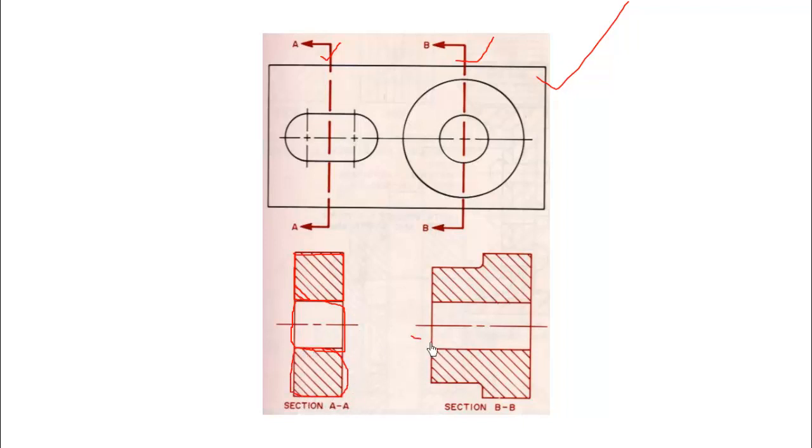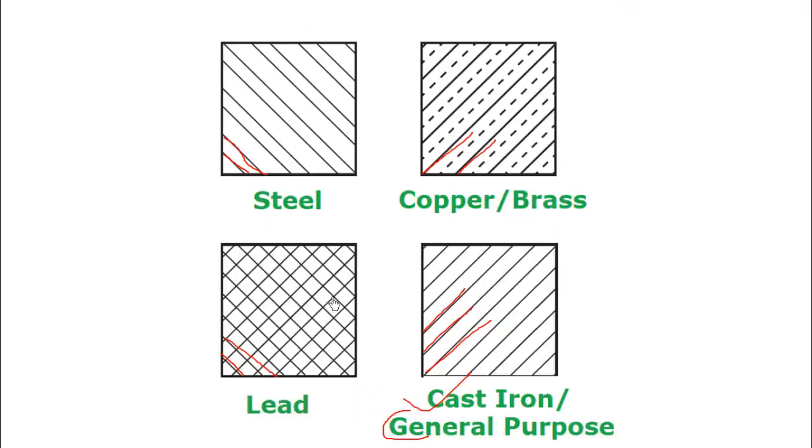Similarly here also, this is the circle part and this is the metal part. From this pattern you will come to the conclusion that this item is steel. Why? Because steel is shown by these diagonal lines.